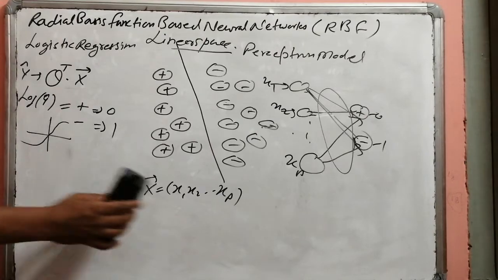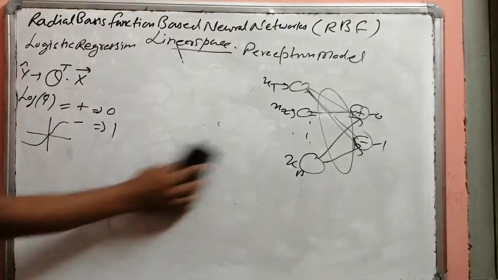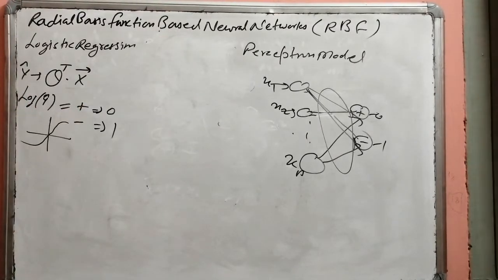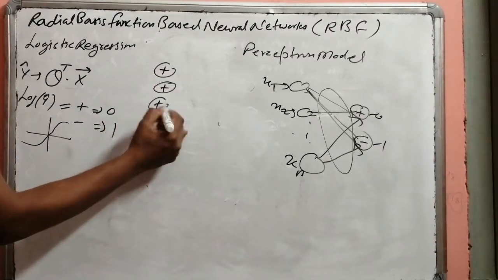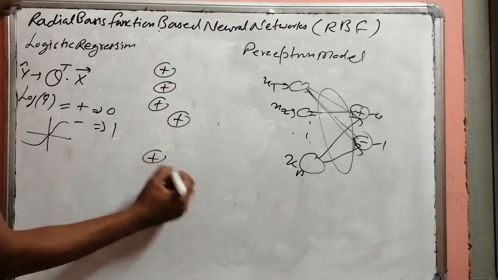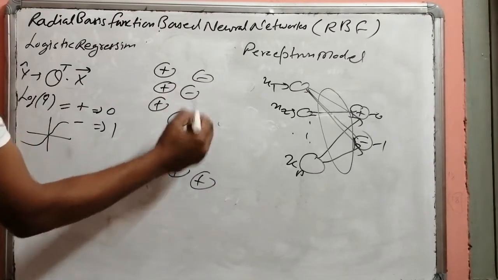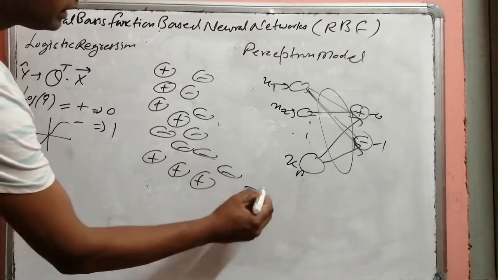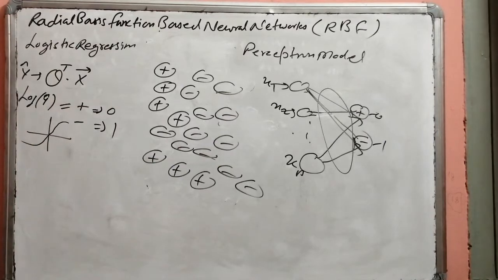Now consider the other version of the same problem, which is not linearly separable. Two patterns are again there, positives and negatives, but they are distributed in such a fashion that there is no possibility of drawing any linear line between them.